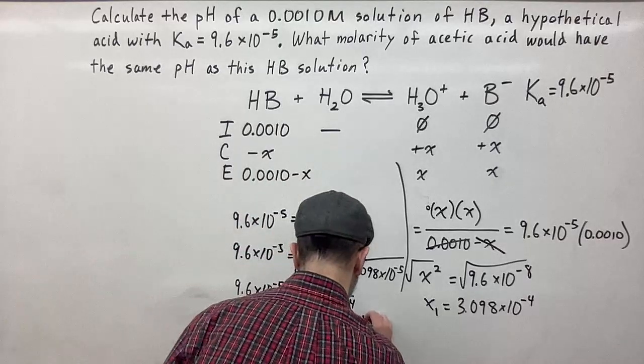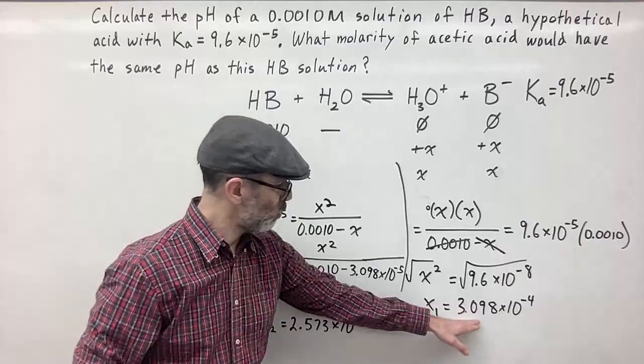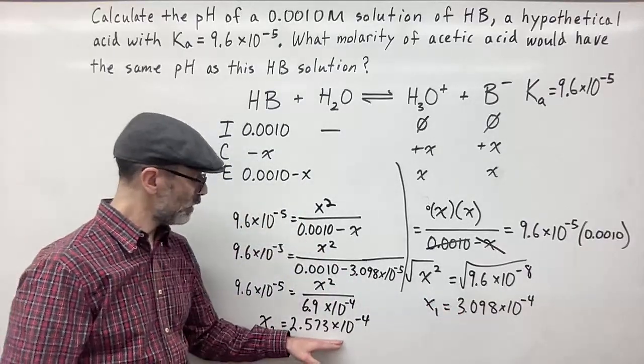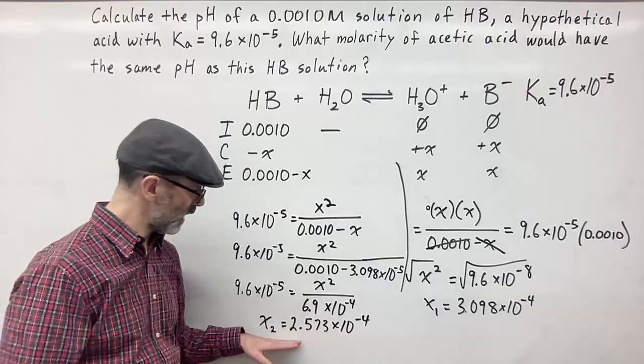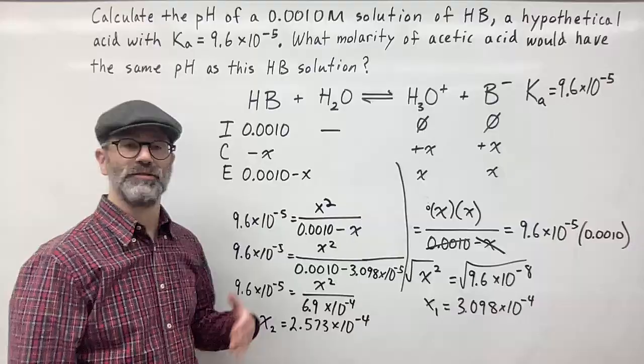You'll notice that here I have 3.098 times 10 to the negative 4, and here I have 2.573 times 10 to the negative 4. So this second iteration is not the same as the first, so I have to do it again.